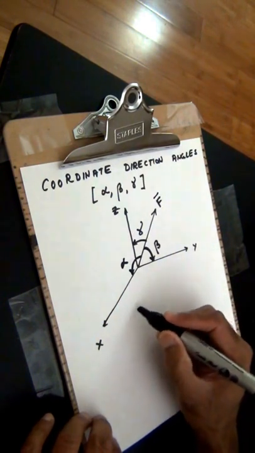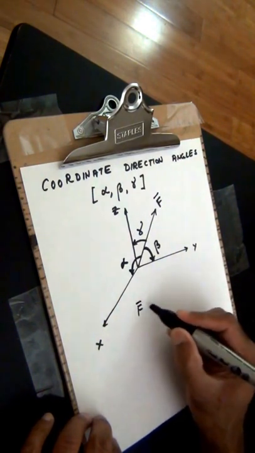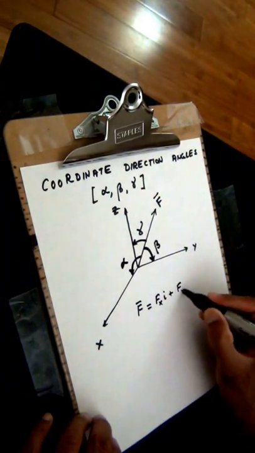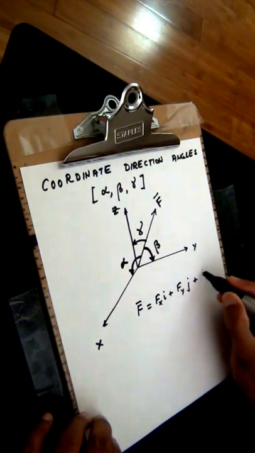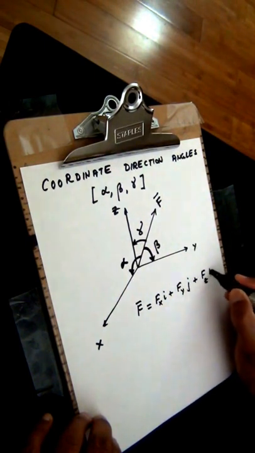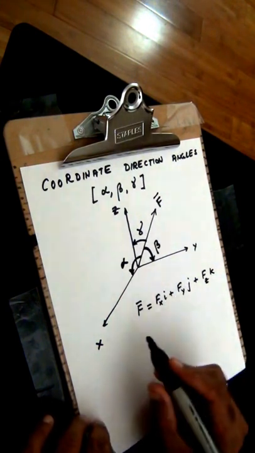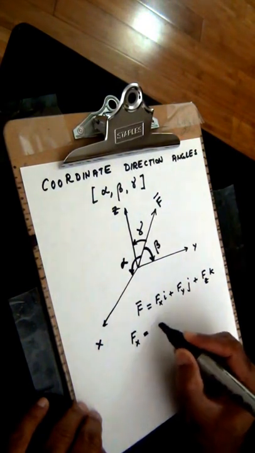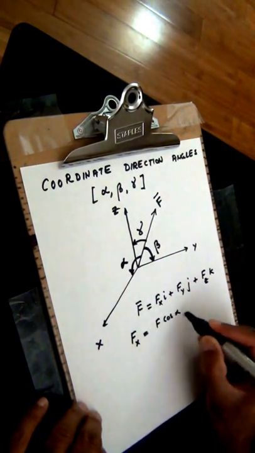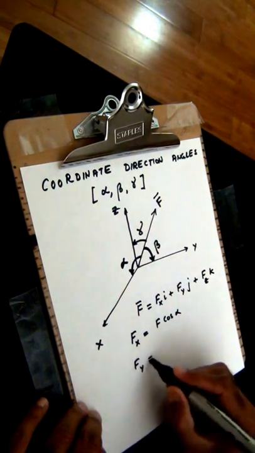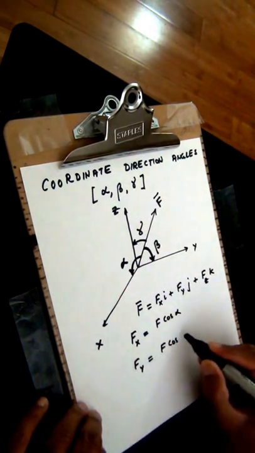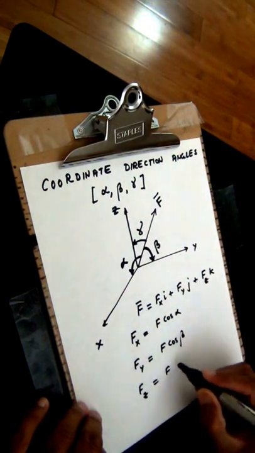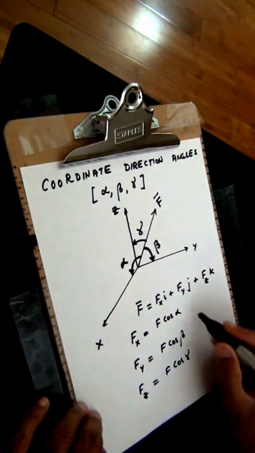For example, if we were able to say that vector F is Fx in the i direction, then an Fy in the j direction and an Fz in the k direction, then we know from what we've seen in lecture that Fx is F cos alpha, Fy is F cos beta, and then Fz is F cos gamma.